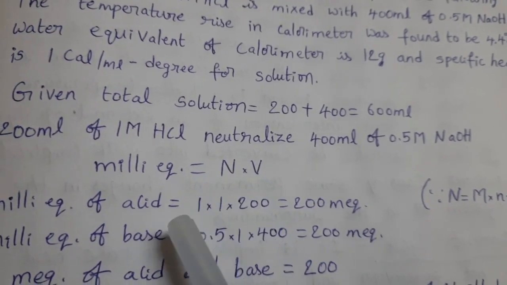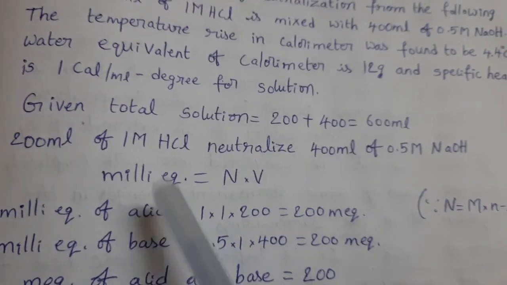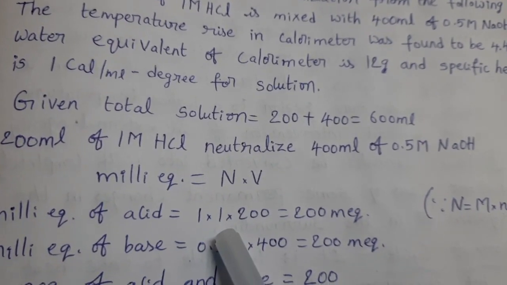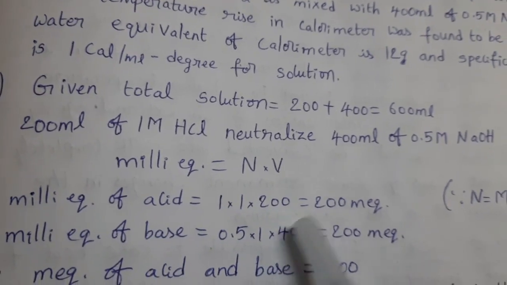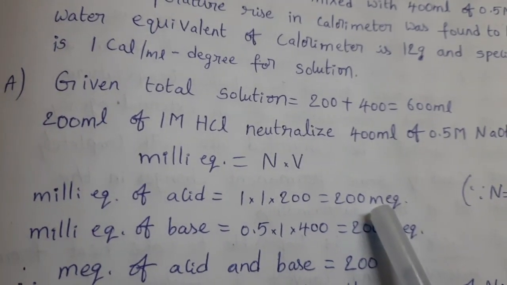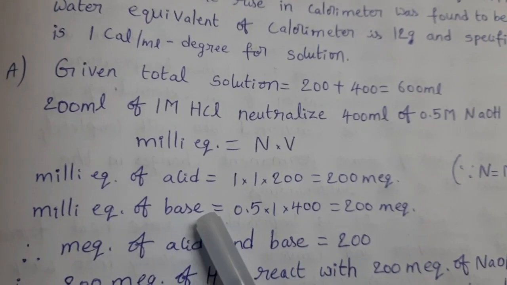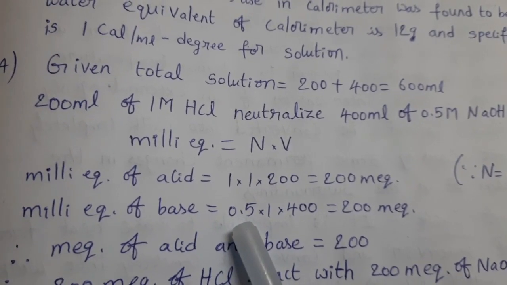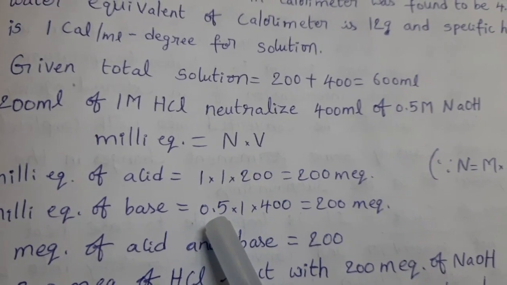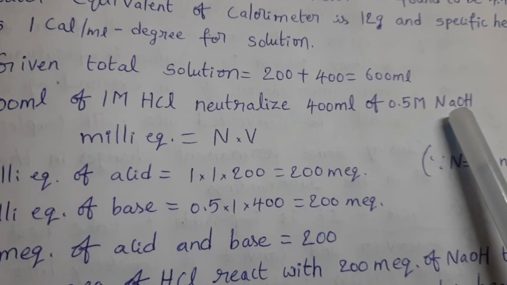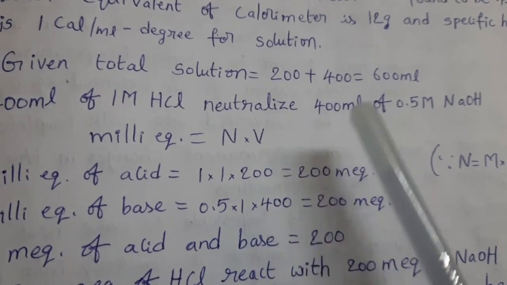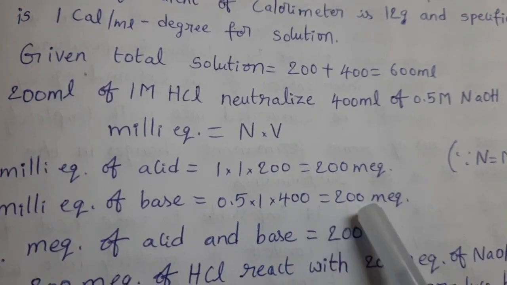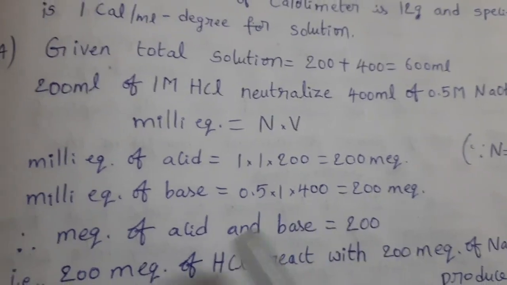So normality means molarity 1 molar into n factor 1 into volume in milliliter 200. That equal to 200 milli equivalents. Milli equivalents of base, same molarity 0.5 into n factor 1, what is the base here? NaOH. Into volume in milliliter 400, that equal to 200 milli equivalents.